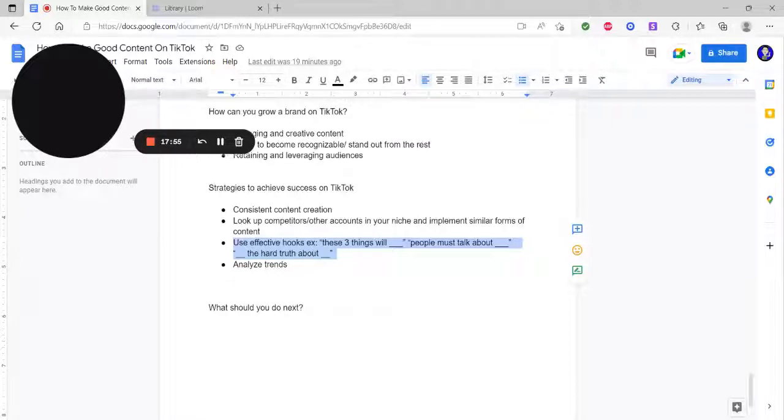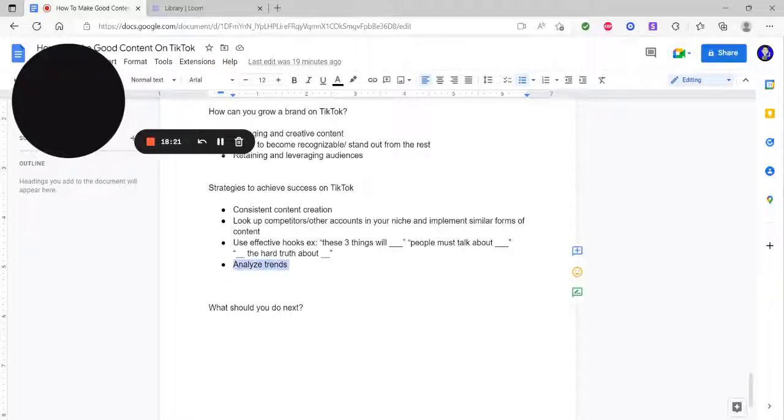You want it to be amazing, otherwise no one's going to watch it, and they're going to keep scrolling, right? So I just put here examples of hooks. Obviously, they may not be the best hooks, but they're hooks nonetheless. These are just examples. You don't need to be the best creative writer to master hooks, but you need to understand what is going to keep the viewer interested.